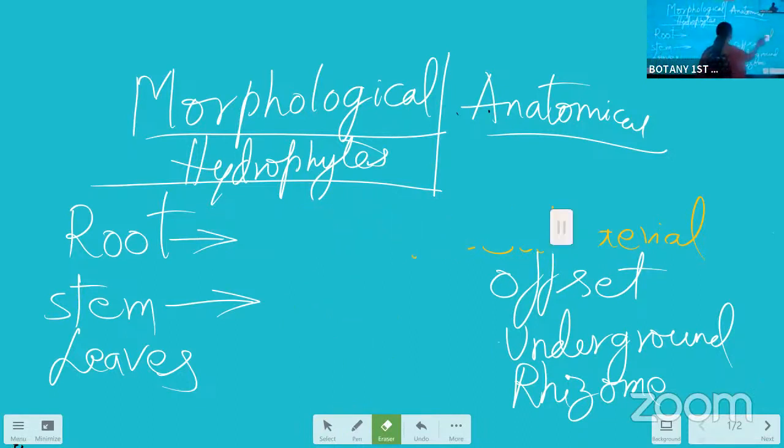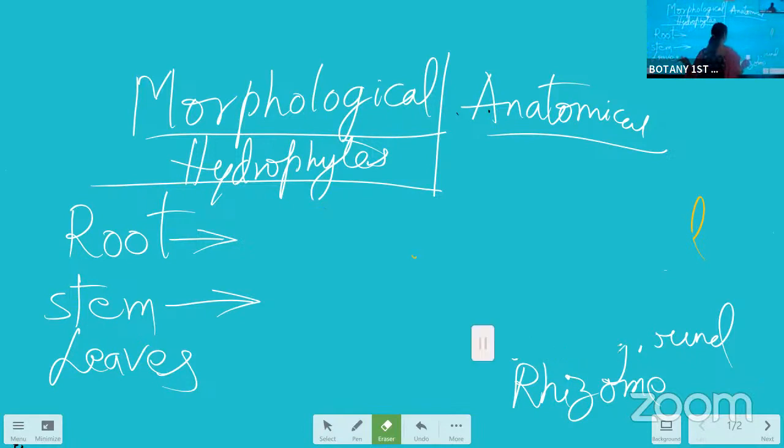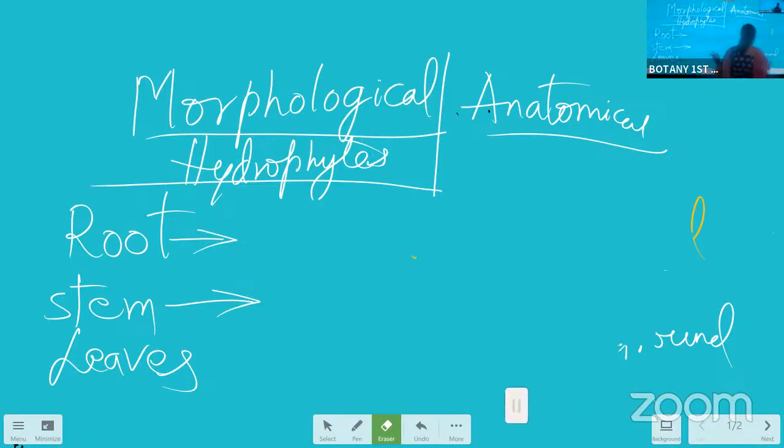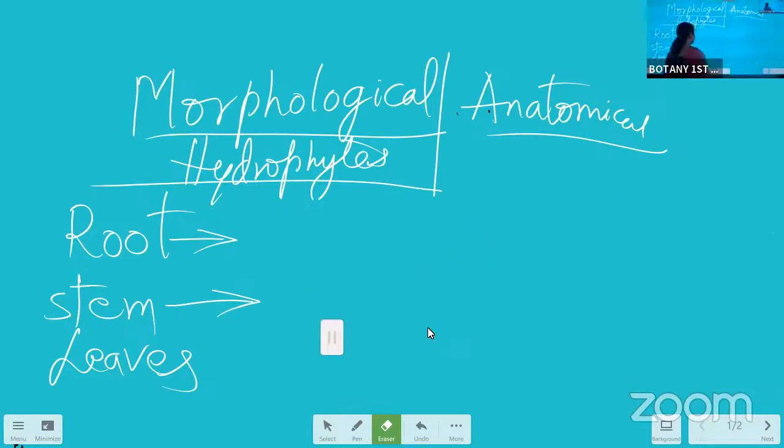Now comes the last one, leaves. Leaves show differentiation in the different plants. Usually leaves have a petiole, are large and aerial, present on the stem.